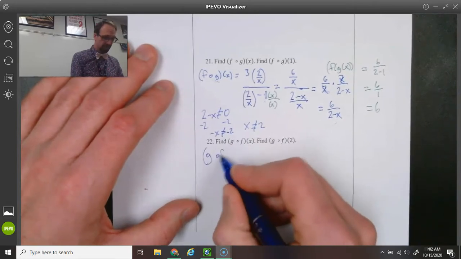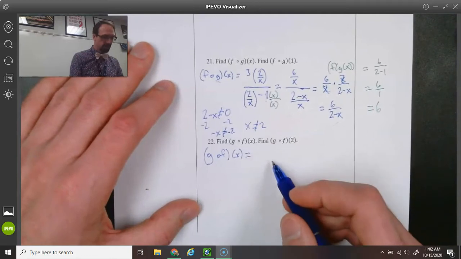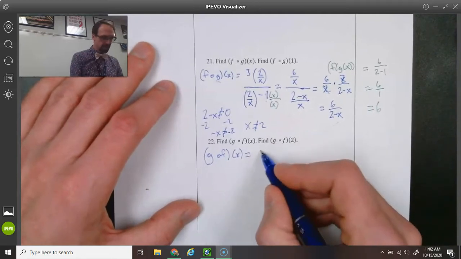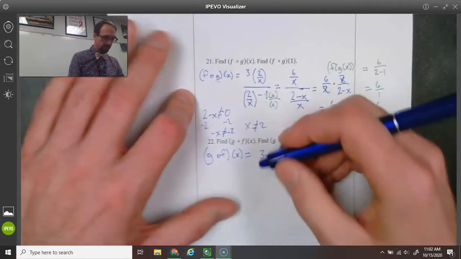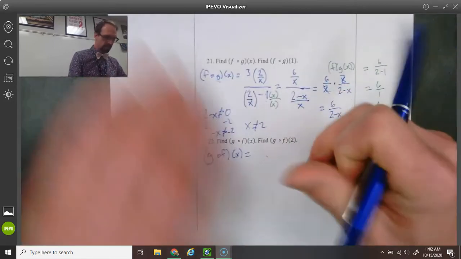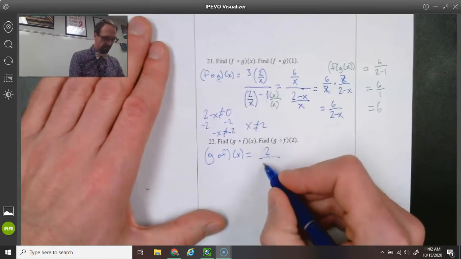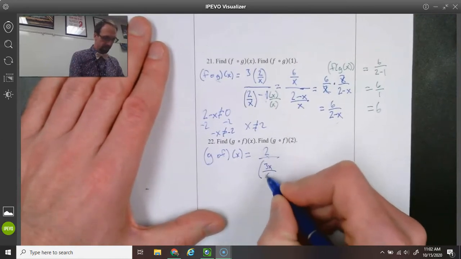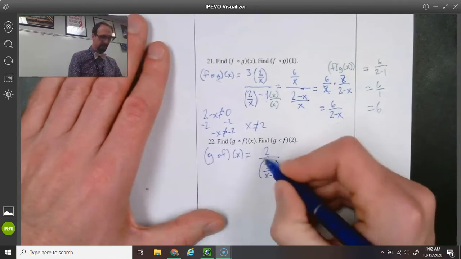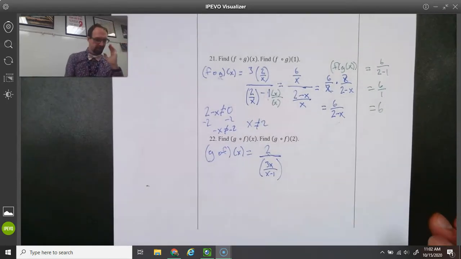So g composed with f of x is equal to 2 over, and then in parentheses, 3x over x minus 1. A lot of students get confused on what to do with this value to simplify it.